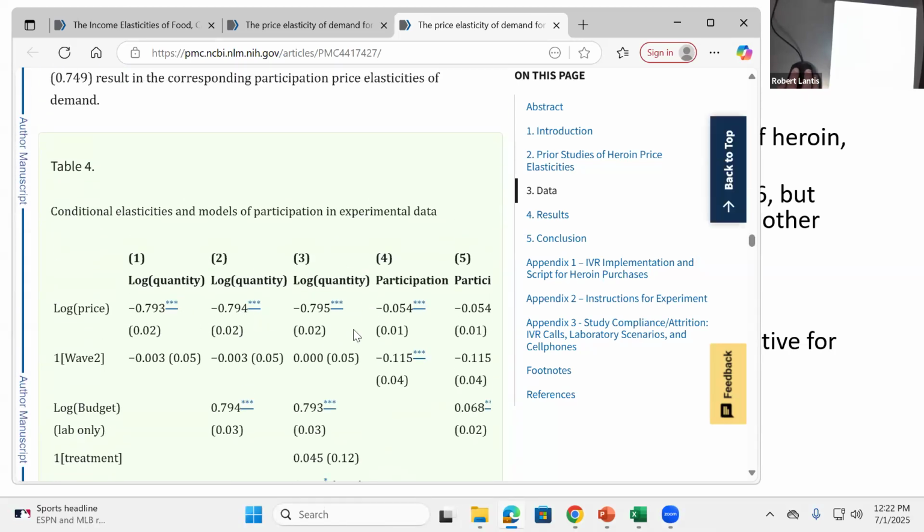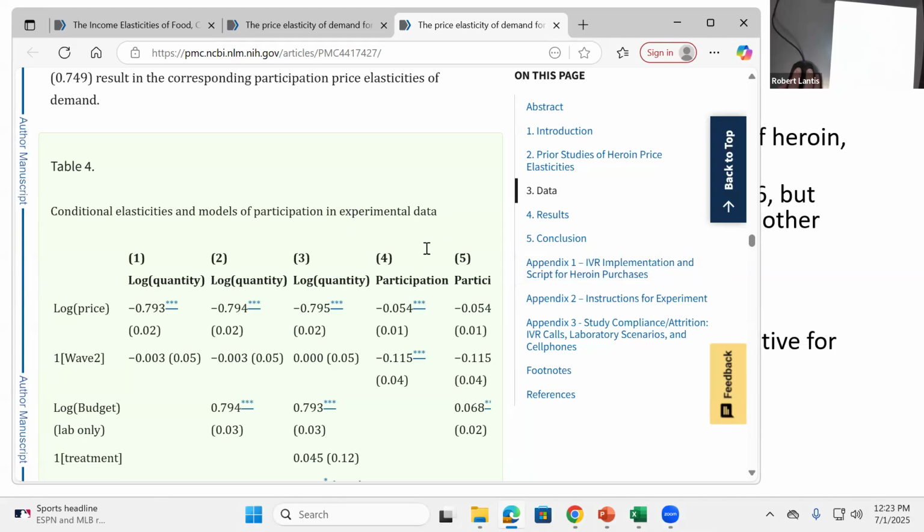We're not going to talk about regressions in this class, but essentially they run some regressions to come up with this price and quantity relationship. Taking the log is just a fancy way of getting these percentage changes. Sure enough, they found that for demand for heroin, when the price went up, people bought less, but it was inelastic, less than one. And they did it a couple of different ways.